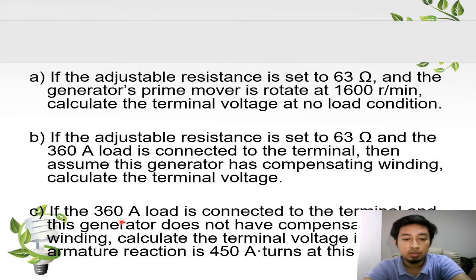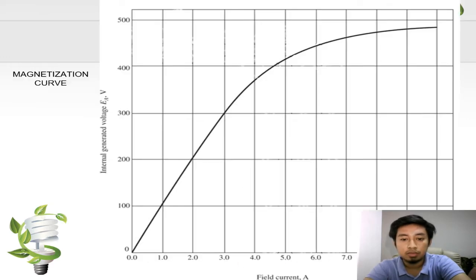Next, if the 360 ohm load is connected to the terminal and this generator does not have compensating winding, calculate the terminal voltage. The armature reaction is 400 amp-turns.